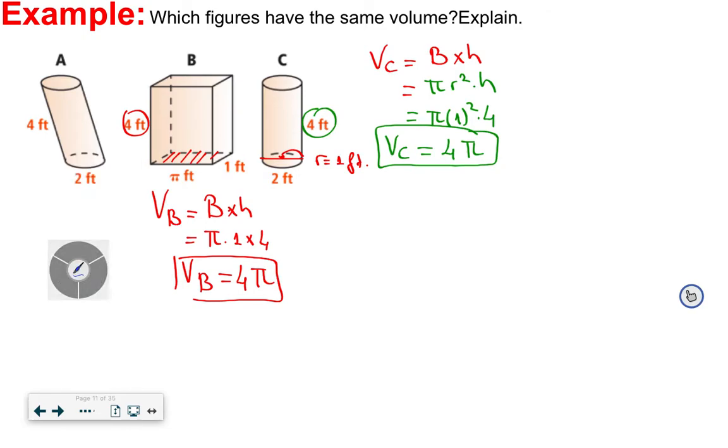Now this is important, ladies and gentlemen. This is also a cylinder, but this cylinder is sliding to the right, lying down to the left. So to be able to find the volume of figure A, you need to get height.